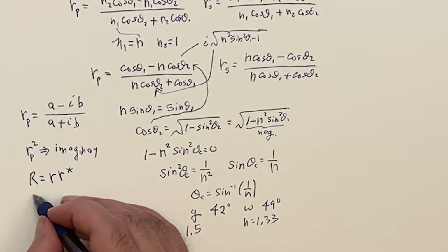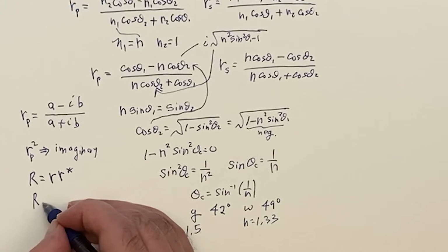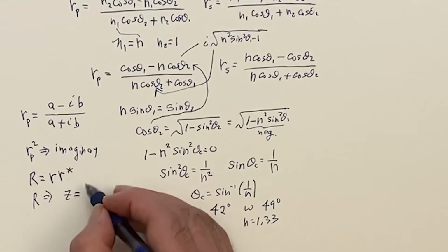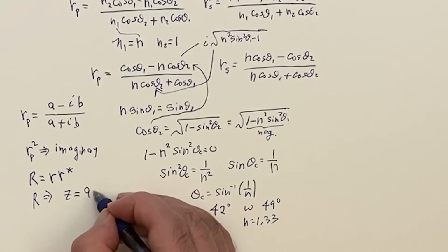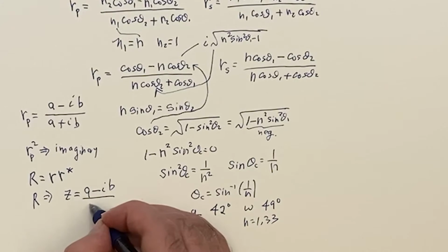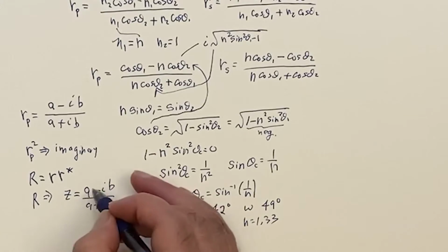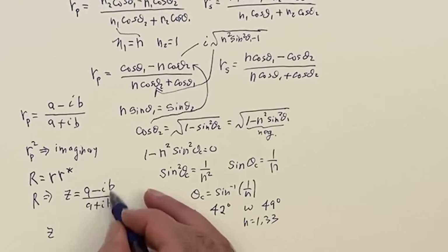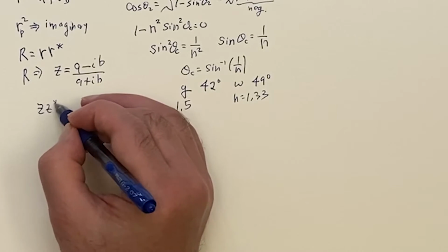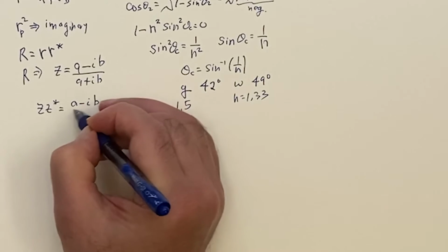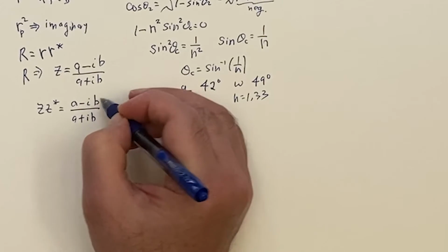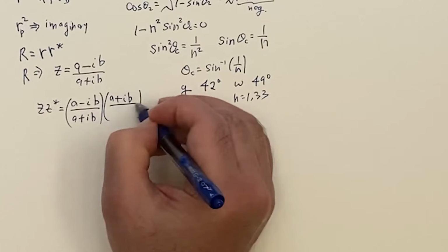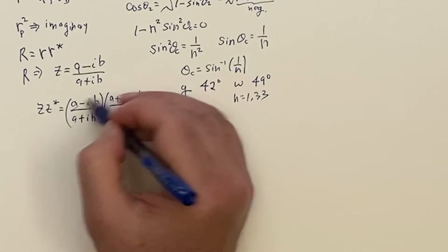So if we look at that as our guide, I'm just going to write this complex number z like this over a plus, or you can leave it as R_P, it doesn't matter. But in general, anything of this form, complex number, you write down the z, and then you flip the signs on the imaginary. And when you flip the signs on the imaginary, and all this cancels, you get 1.